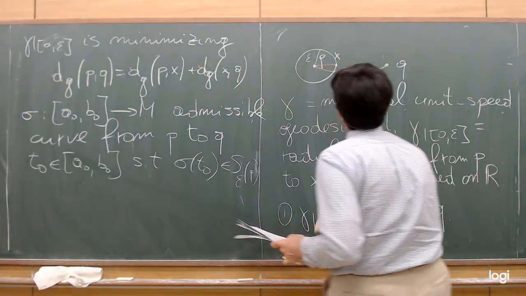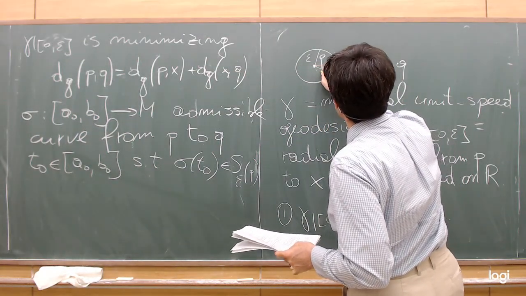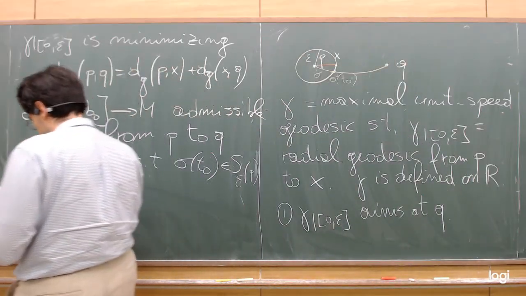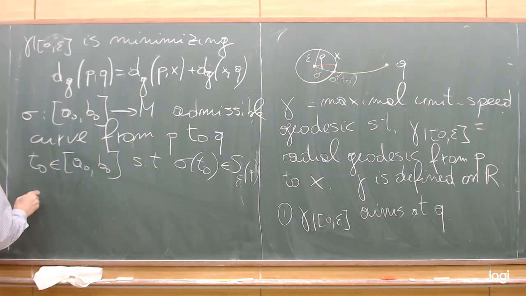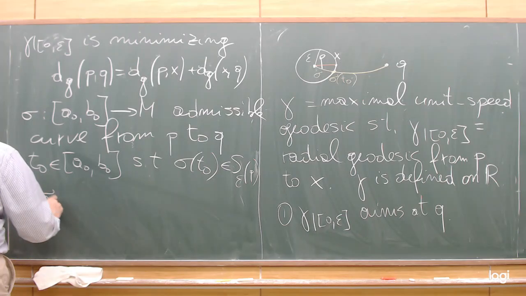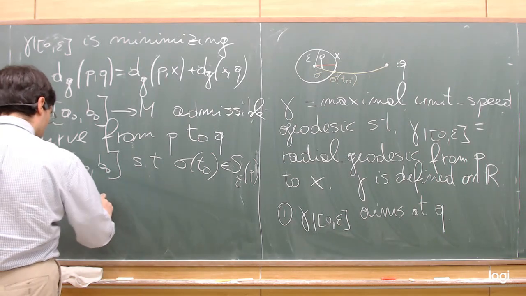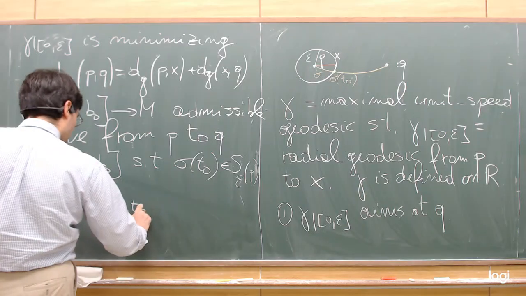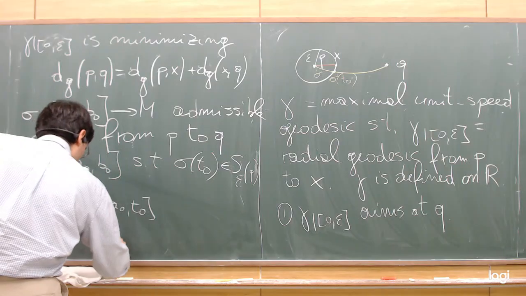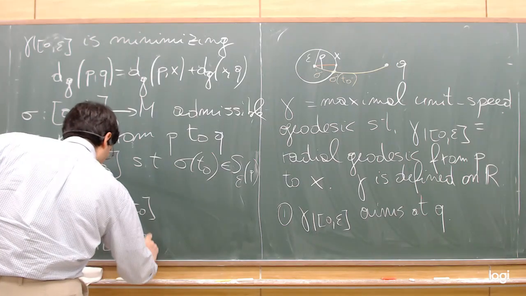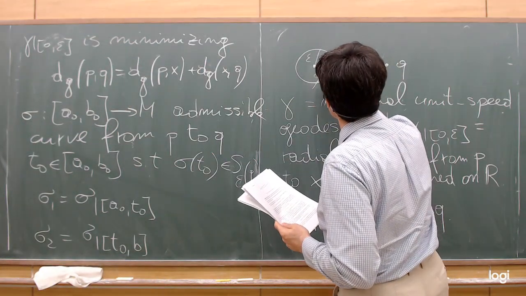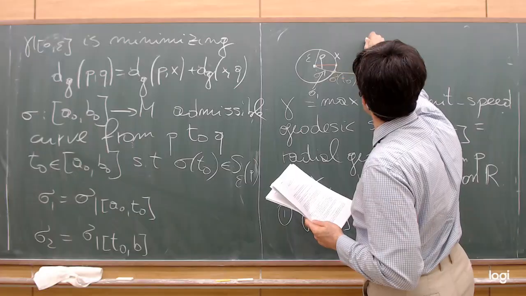So this means that this is sigma(t0). So we call sigma 1 equals sigma restricted to [a0, t0], and sigma 2 the restriction to [t0, b0]. So this is sigma 1 and this is the image of sigma 2.